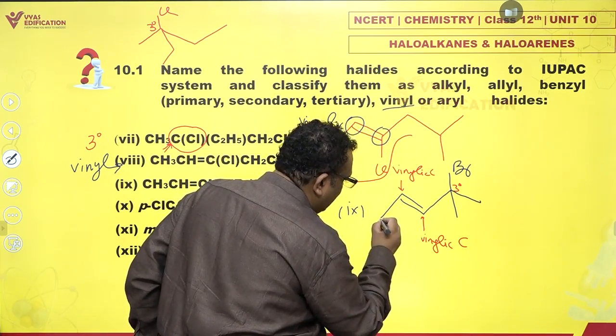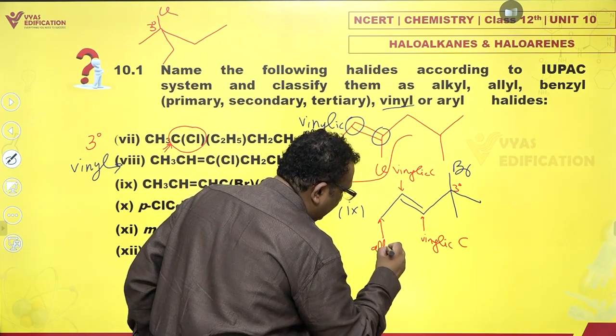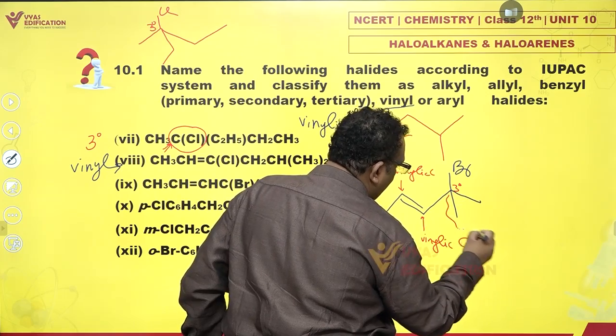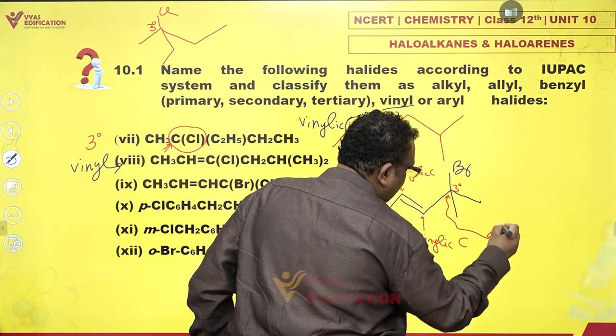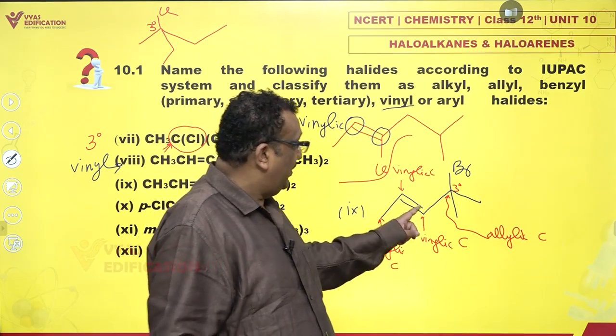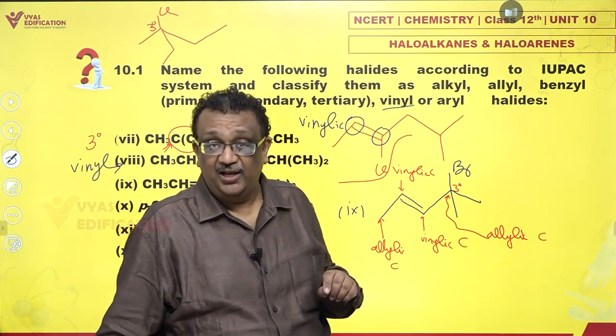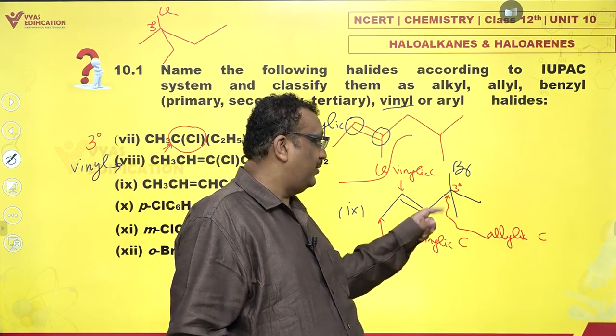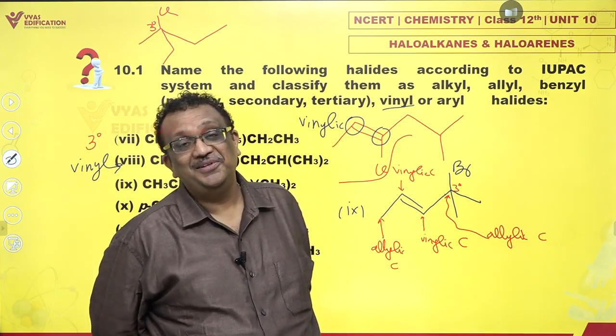So, this carbon is allylic carbon, and this carbon also is allylic carbon. Whenever there is a double bond, the carbon atoms which are forming the double bond are vinylic, and their immediate neighboring carbon atoms are allylic carbons.